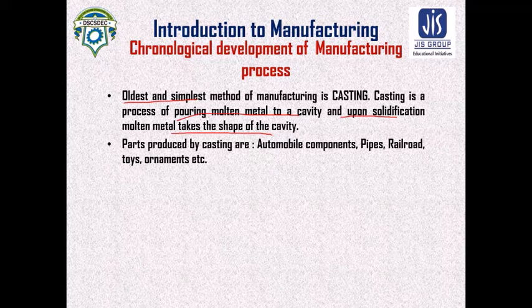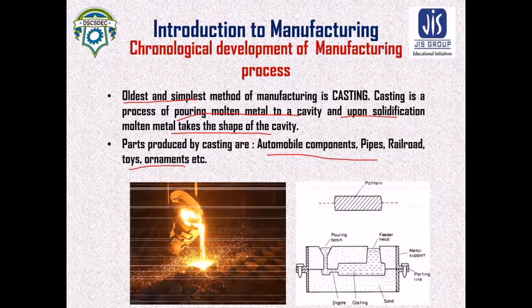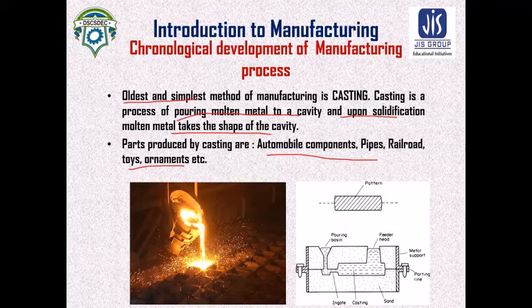The first, oldest and simplest method of manufacturing is casting. In casting, automobile components, pipes, railroad parts, toys and ornaments can be produced. This is a pictorial view of the casting process.